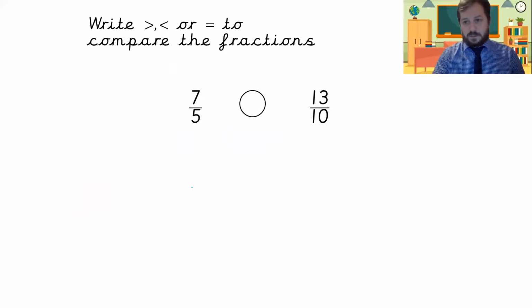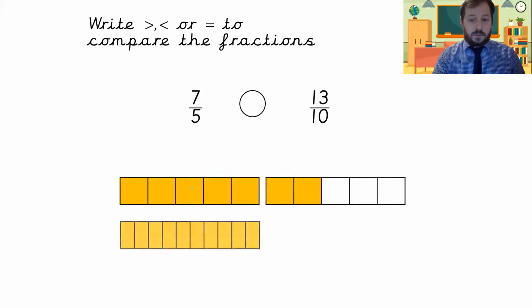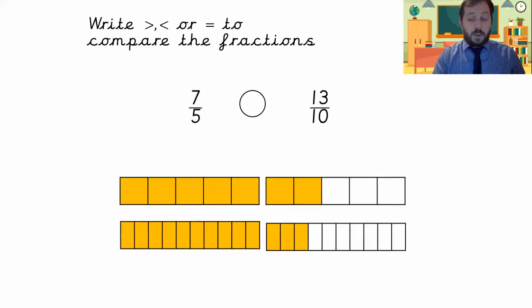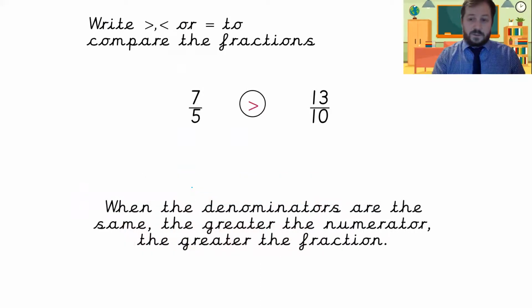Have a think about this one. What could we do to help us? We could draw it out, and that will tell us. What other thing could we have done rather than draw it out? Yes, we could have used the same rule and get the same denominator. We could times 5 by 2 to get 10. Then we have to times the top by 2 and we get 14.